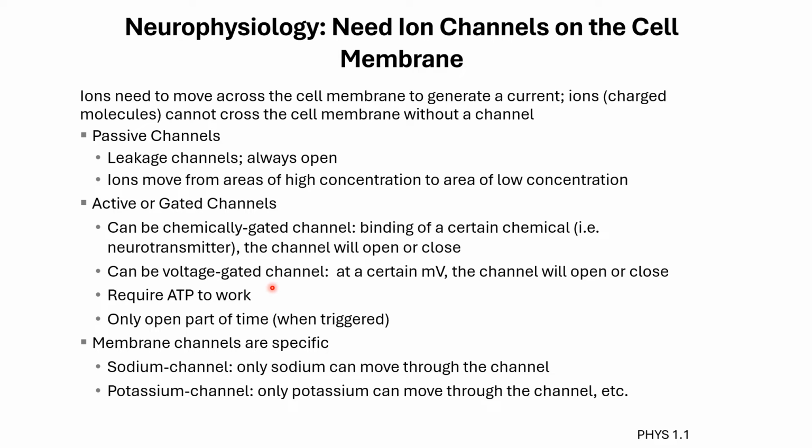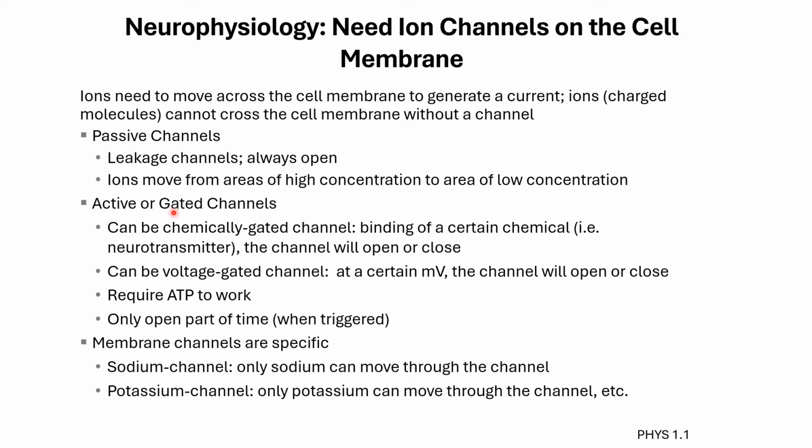Another type of channel that is gated is a voltage gated channel. That just means that if the ion concentration across the plasma membrane reaches a certain level or a certain millivolt, as this one is showing right here, then the channel will open and close. And in the next couple of videos, we will actually talk about neurotransmitters opening channels, and we're going to talk about voltage gated channels.